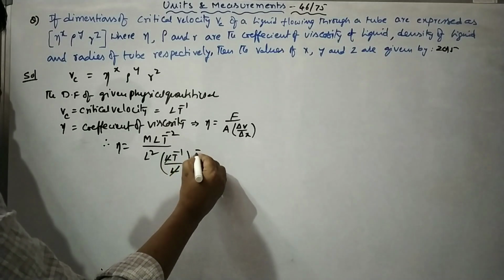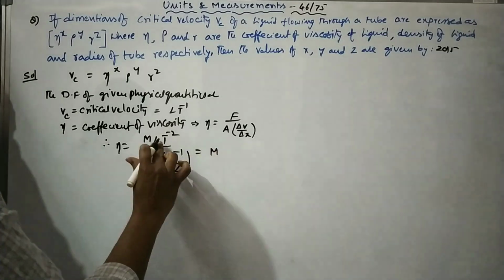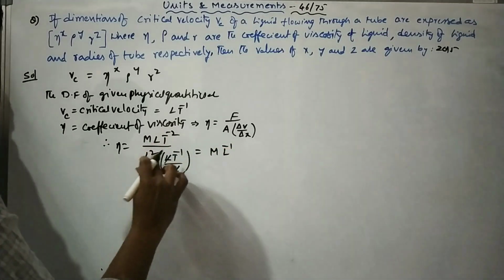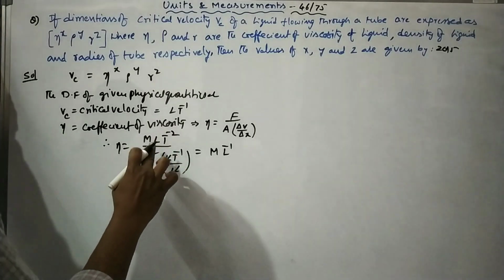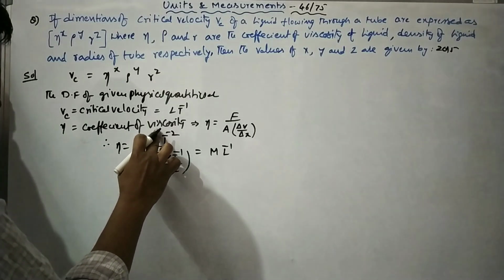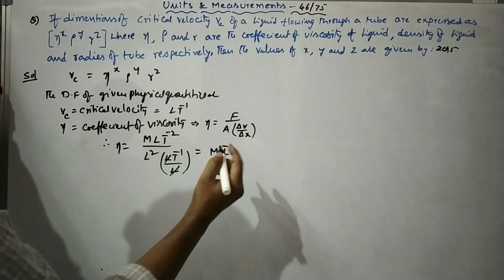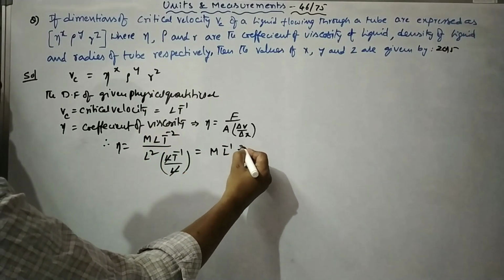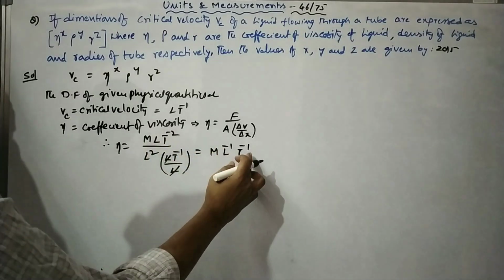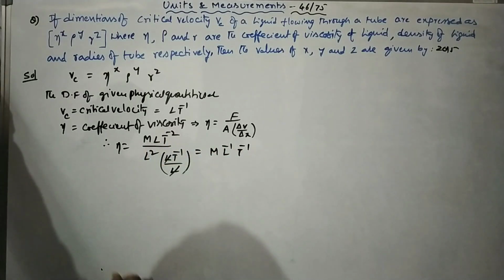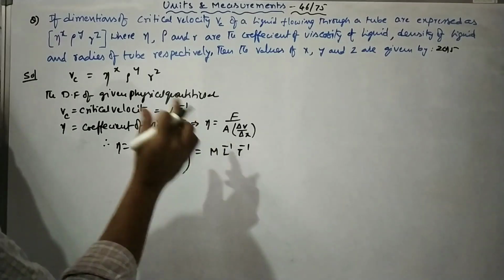So this L is cancelled. The remaining is m L power minus 1, and when this L square goes to the numerator, L power minus 2. L power 1 is already there, so L power 1 minus 2 minus 1, and t power minus 1. Why? Because this t power minus 2 plus 1 equals t power minus 1. So this is the dimension formula of the coefficient of viscosity.